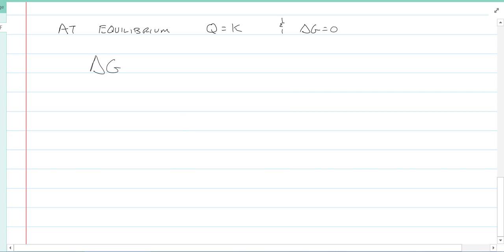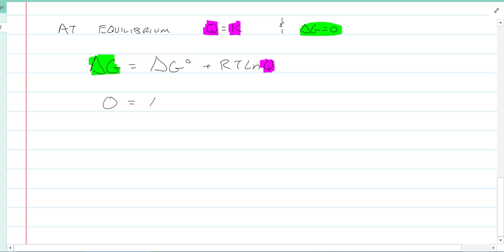Back to the delta G equals delta G standard plus RT natural log Q. We can substitute K for Q, and delta G is 0. So we get 0 equals delta G standard plus RT natural log K, or delta G for my reaction is equal to negative RT natural log of K.